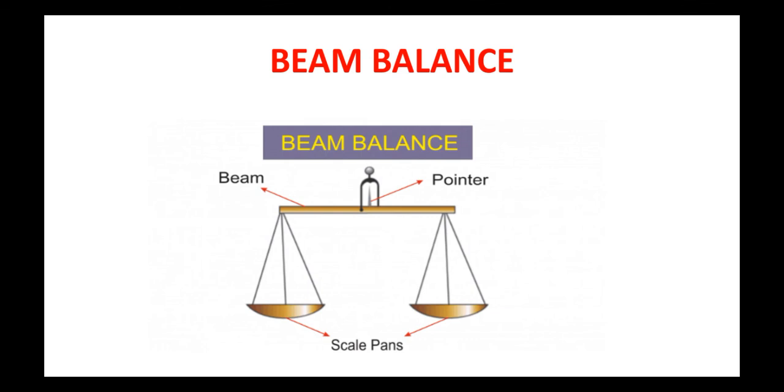For your beam balance to measure correctly, the pans must be of equal weight, and at the same time, they must be placed at equal distances. Then on top you have the pointer which helps us in measuring, right?